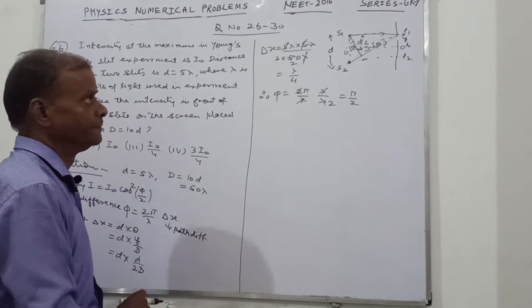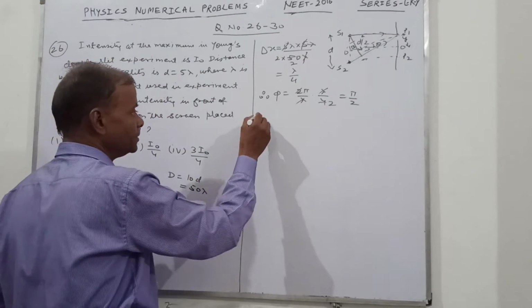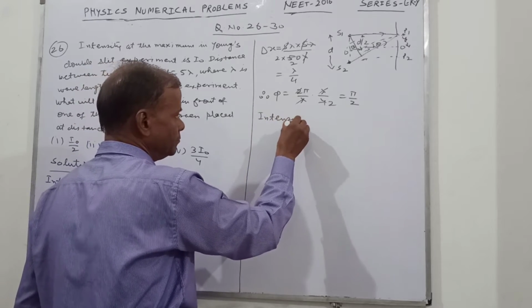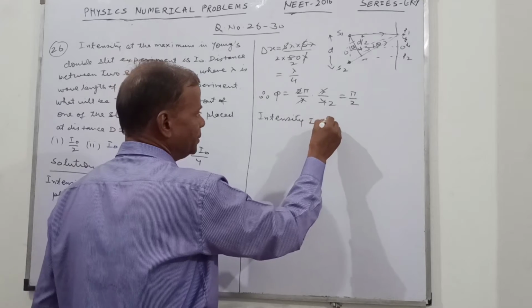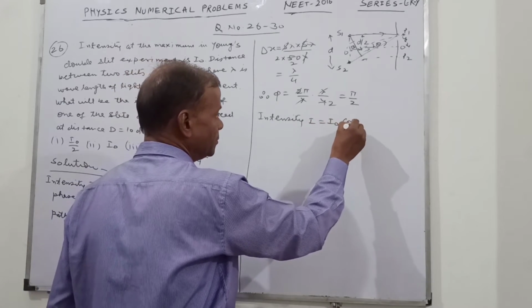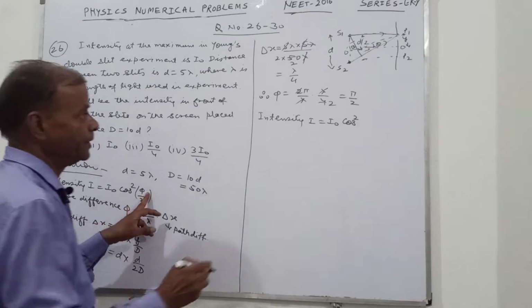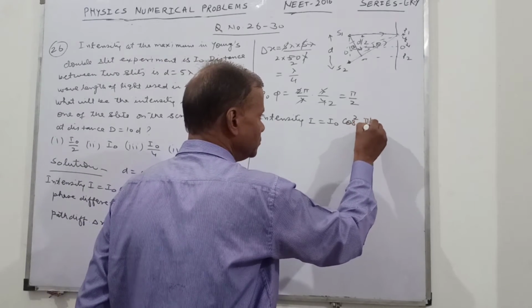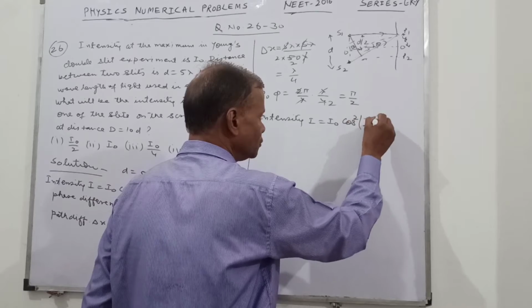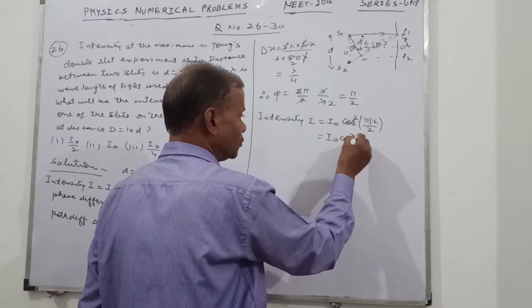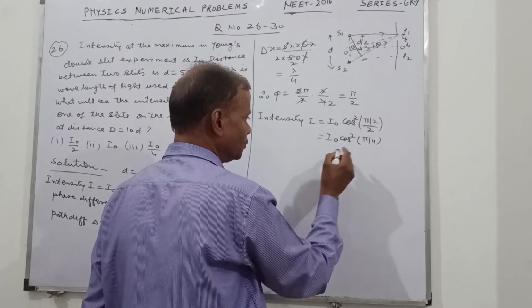This is now phi. Therefore, intensity I equal to I naught cos square of phi upon 2, which is pi upon 2 upon 2. So this is I naught cos square pi upon 4.